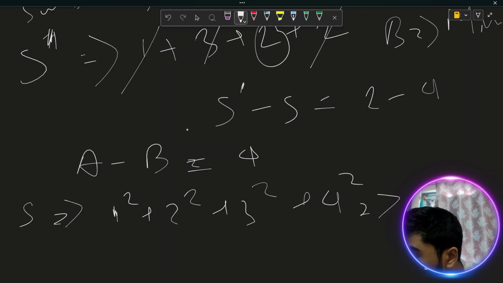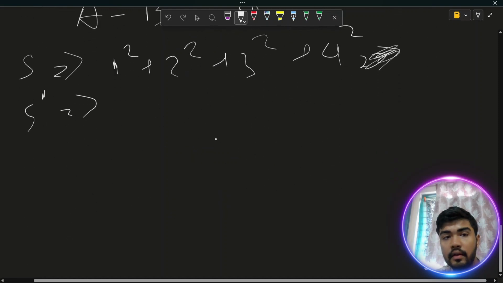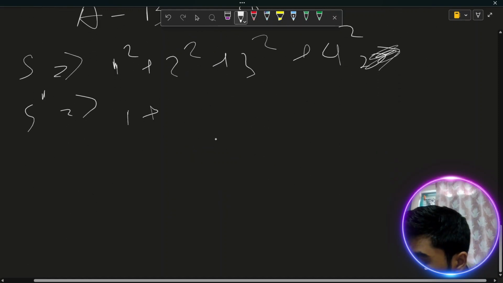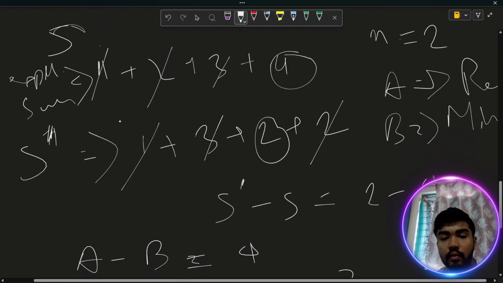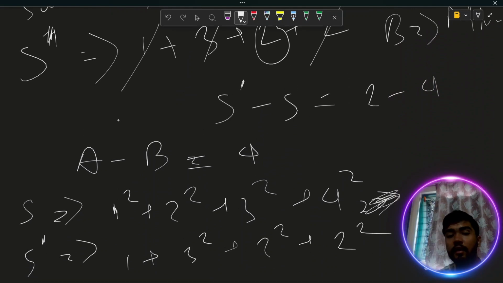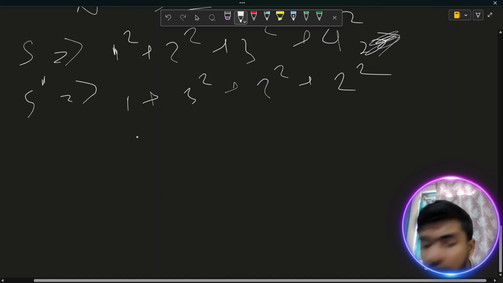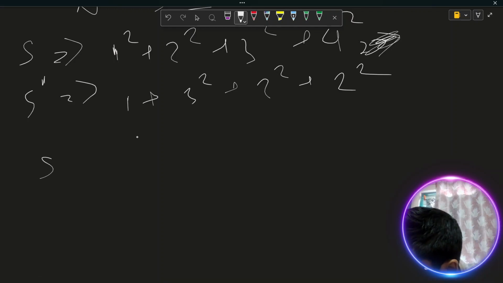So that is our s, and s dash is 1 square plus, I guess, 2 is going to be repeated twice, and 3, that is 1 square plus 3 square plus 2 square plus 2 square, right? Now again, if I do s dash minus s.